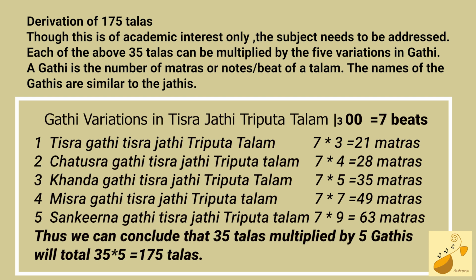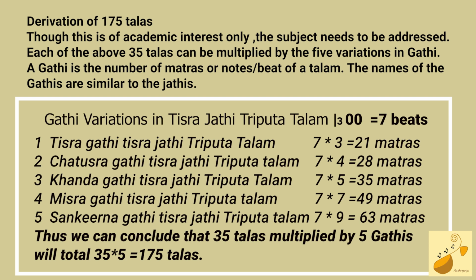So, Tisra Jati Triputa Talam will have 5 gatis, same names as before as the jatis: Tisra Nadai, Chatushra Nadai, Kanda Nadai, Mishra Nadai and Sankirna Nadai. It simply means so many notes per beat of the talam.